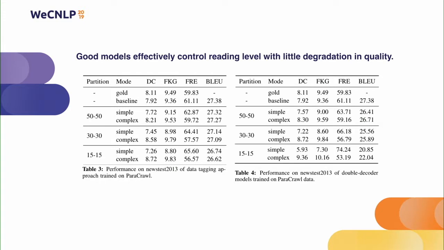And what you can see here is, in the first column, this 50-50 setting is, again, we have the bottom 50% of the data tagged as low complexity, the top 50% of the data tagged as high complexity, and you can see where the readability scores end up there. So DC stands for Dale Chall. Then if you look down that column, you can see that as we get more aggressive in what we're calling low or high complexity, that gap is widening.